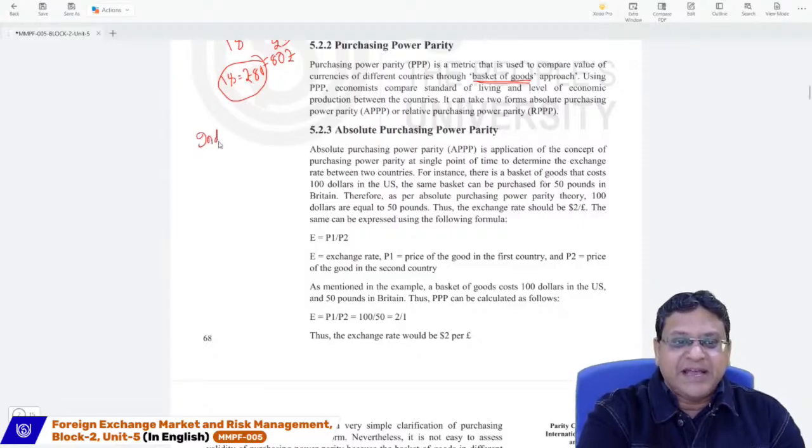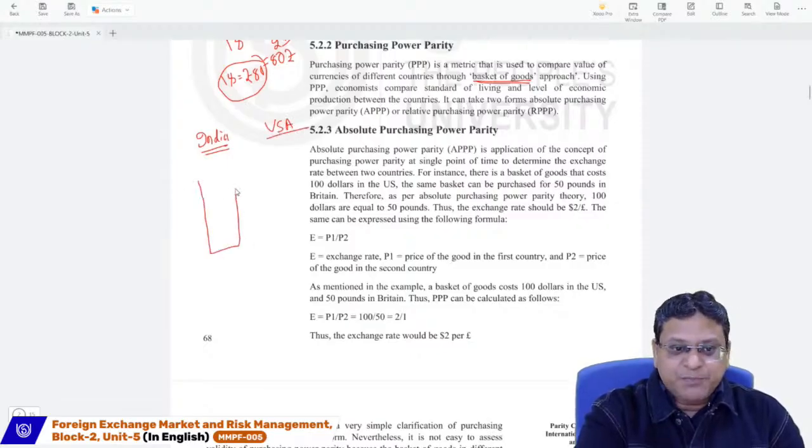One country is India. Another country is USA. In India, there are many goods put in a basket, and in the basket there are A, B, C, D, E, 5 goods.